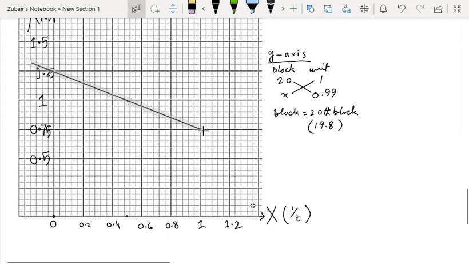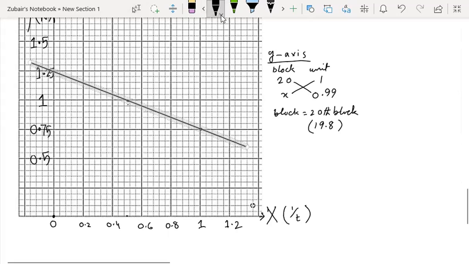Yes, so the line is drawn. I think this is enough, but if I extend it, it will be better. This is okay.